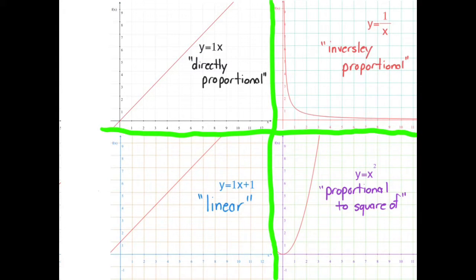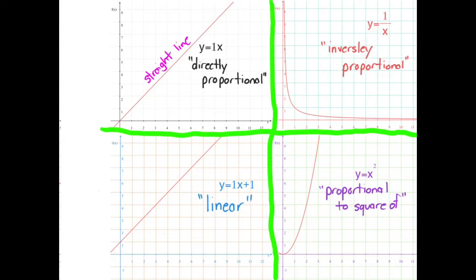Okay, let's talk about graphs and proportionality. In this first graph, in the top left-hand corner, we have a directly proportional relationship. So why do we have a directly proportional relationship? Well, that's because firstly, we have a straight line, so we have a linear relationship, a straight line.